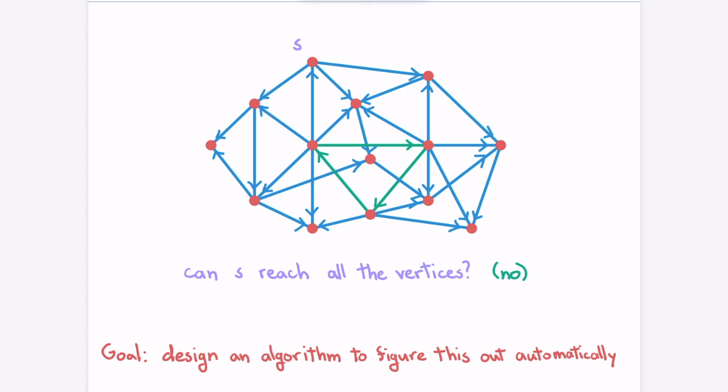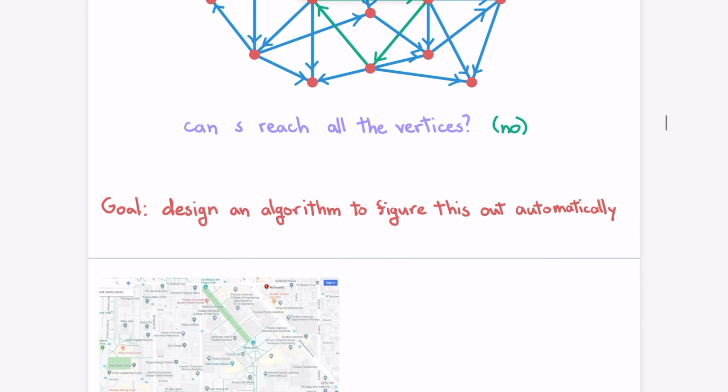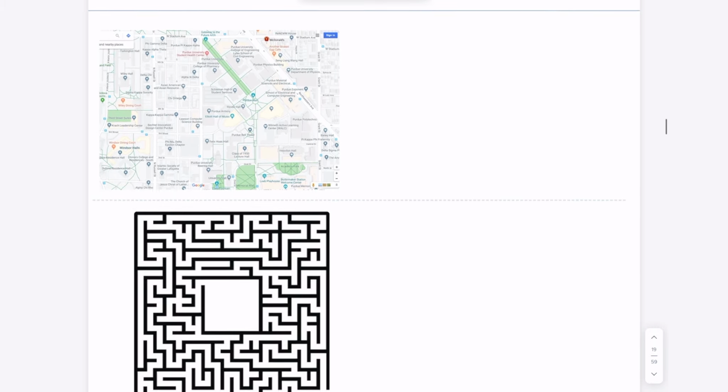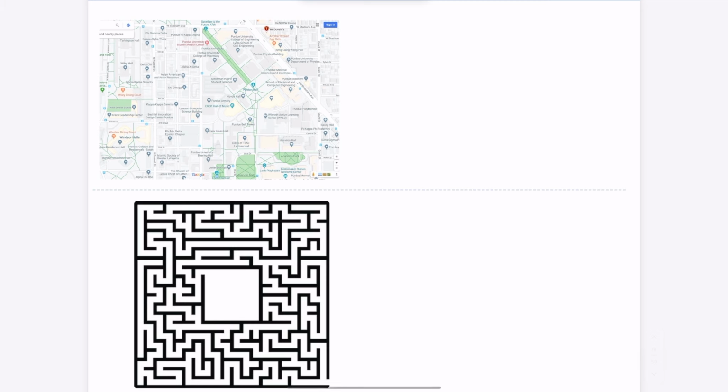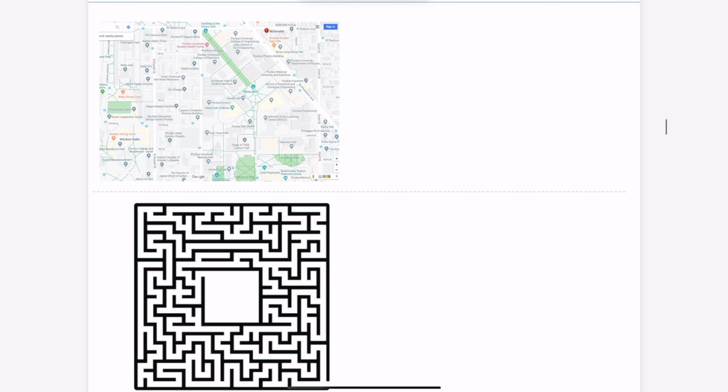Good. So our goal is to figure out an algorithm to do this systematically for us. This was only like 12 vertices or something, and it's not that easy. One perspective to keep in mind is that we always think of graphs and mazes from a bird's eye point of view where you can see the whole thing globally.